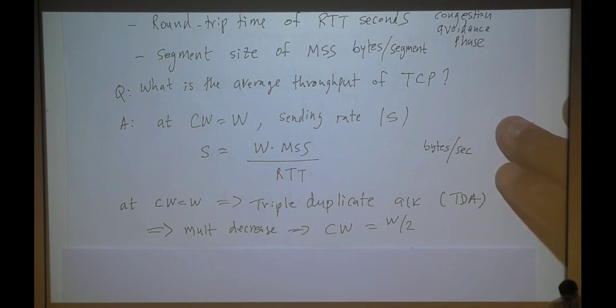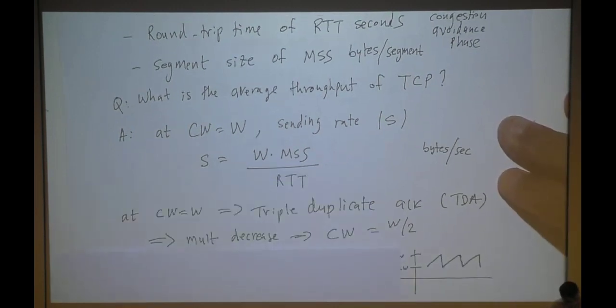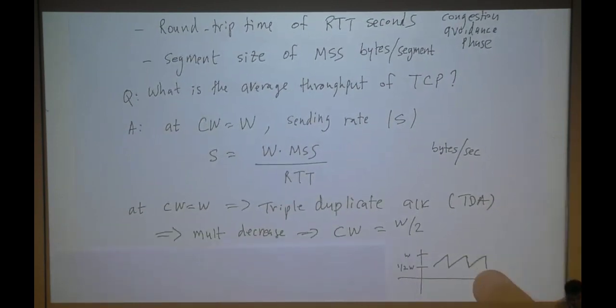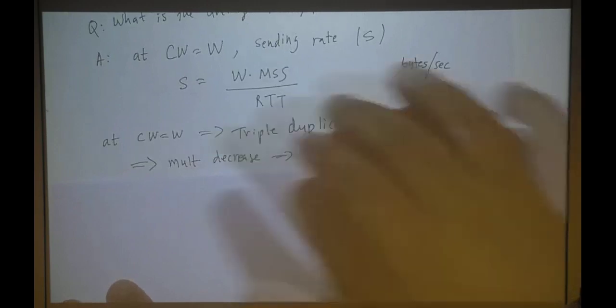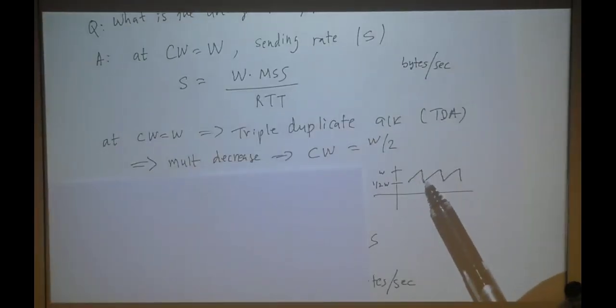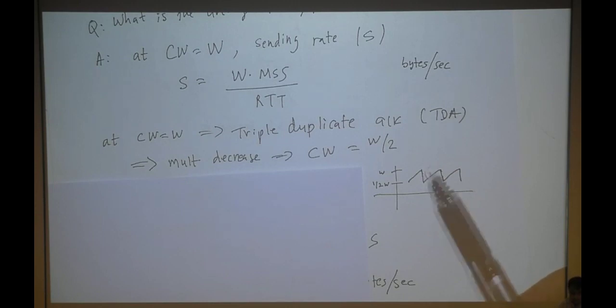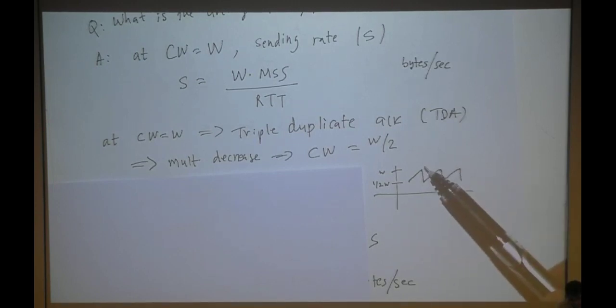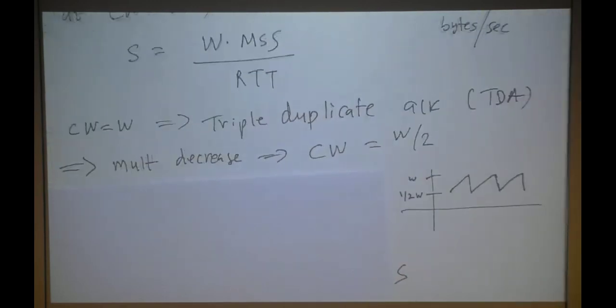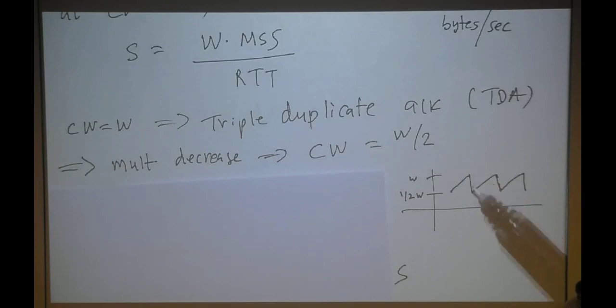So remember, during AIMD, when you're looking at this here, you see that every time I get a triple duplicate ACK, so remember I told you we're looking at TCP Reno, the window size gets cut in half, right? The window size gets cut in half here.